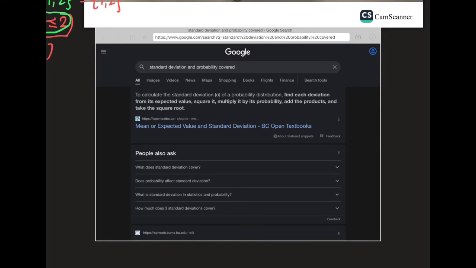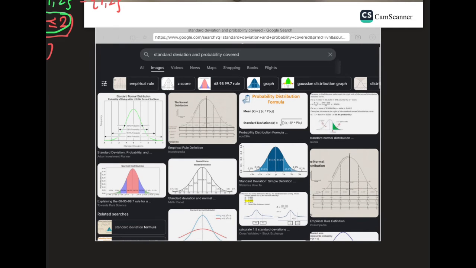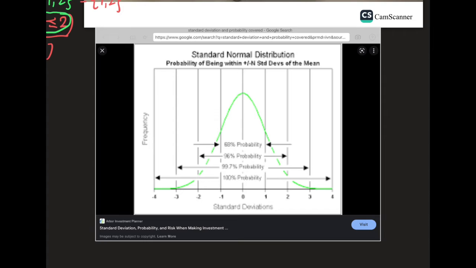See the image. We focus on the first one; this one is good enough already. So the mean is in the middle.